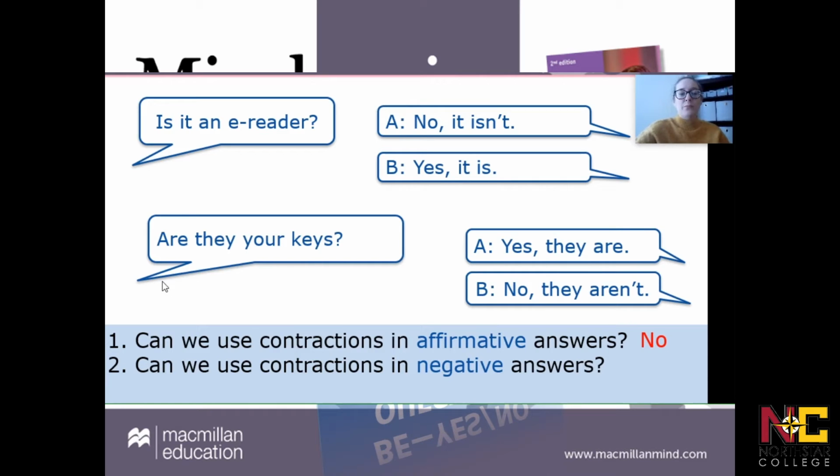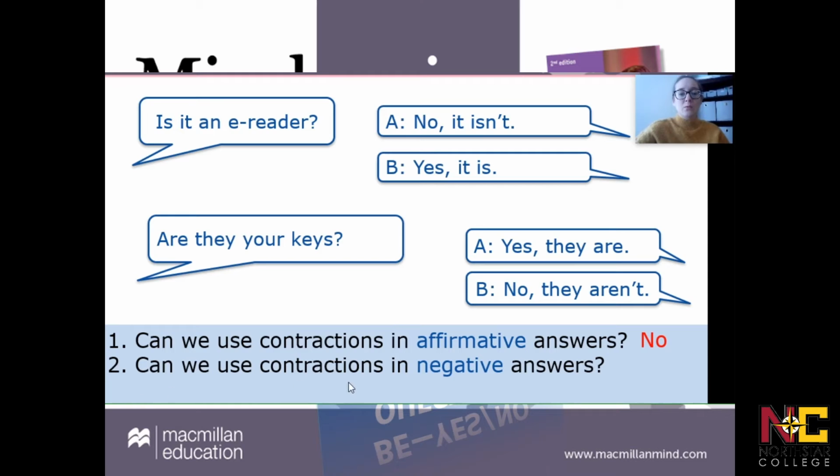Let's look at the other one. Are they your keys? Letter A, yes, they are, is affirmative. So you must say, yes, they are. You cannot say, yes, they're. It doesn't make sense. You will confuse people if you do that.